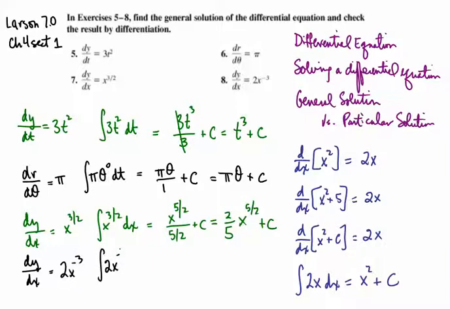So the integral of 2x to the negative 3rd dx is equal to, we're going to increase the exponent from negative 3 by 1, which gives me 2x to the negative 2nd, divide by the new exponent, which is negative 2, plus c, and the 2's cancel. We end up with negative x to the negative 2nd plus c, which you could also write as negative 1 over x squared plus c.